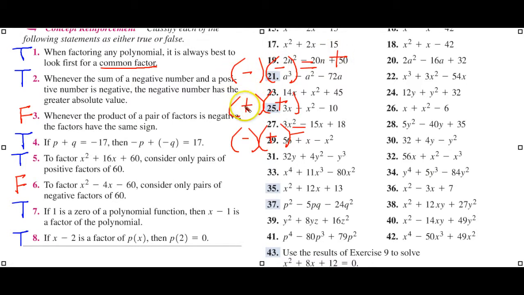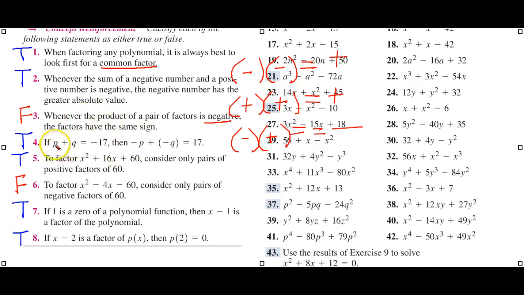If we have 2 positives, that's going to be a positive, the same sign. So in order to get a negative, they have to be different signs. So that's why that's false.